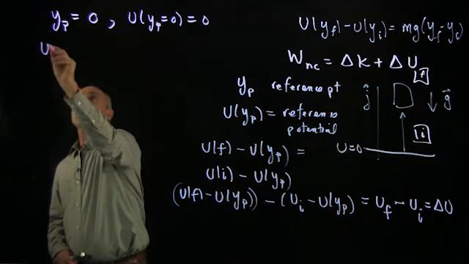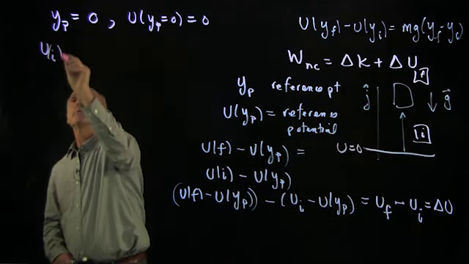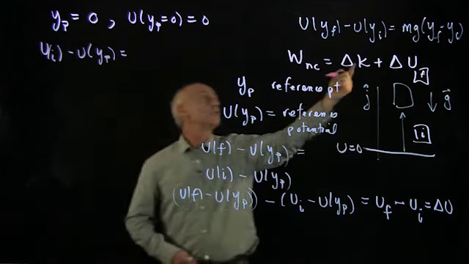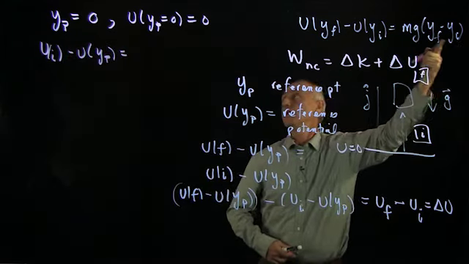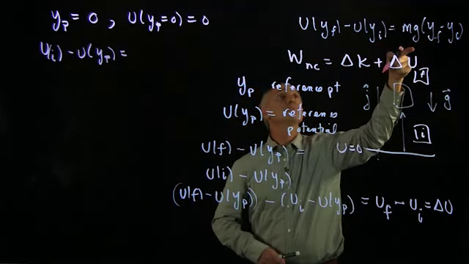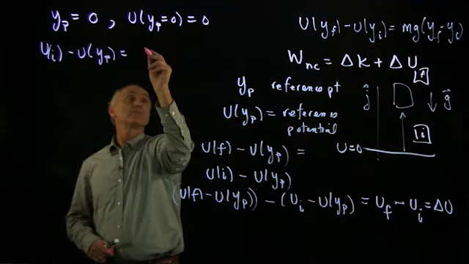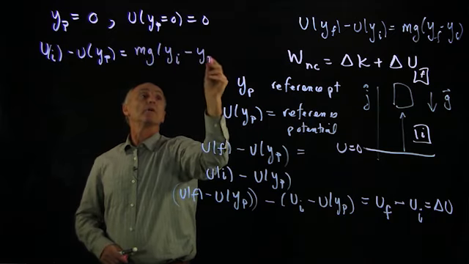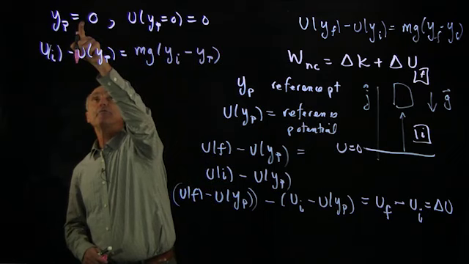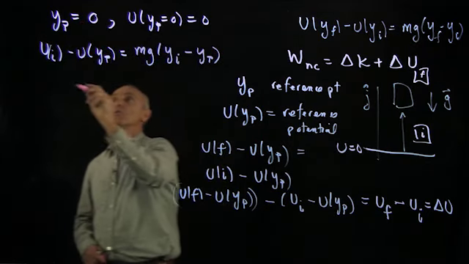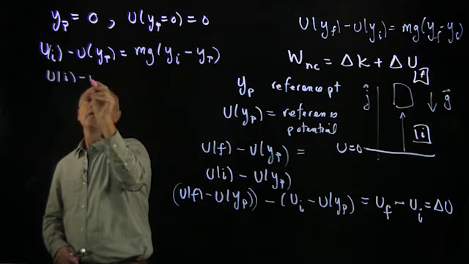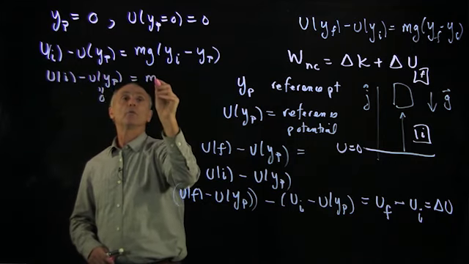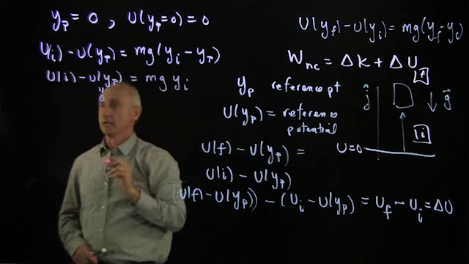Then the potential energy at some initial state minus the reference point, well, we can use our formula here because this is between any two states. So this is mg(y initial minus the reference point). But our reference point was 0, and U reference, which was also 0, so U initial minus U reference is just equal to mg y_i.